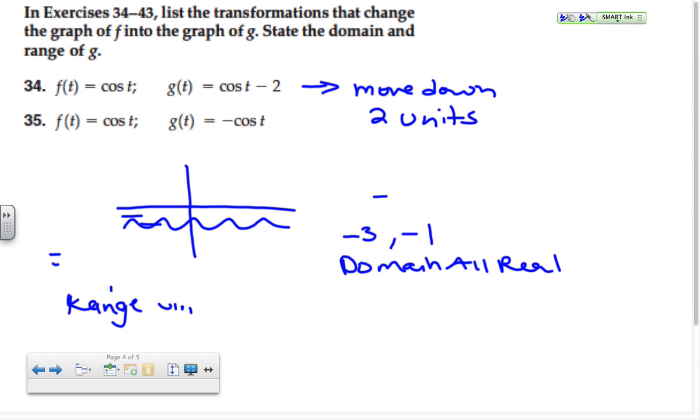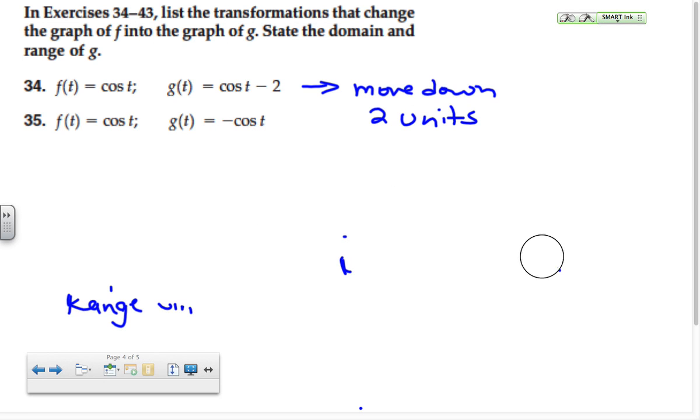Now the next one, the cosine flipping the graph. We're just going to invert it across the x-axis. So we're just going to reflect over the x-axis, so that's the transformation.